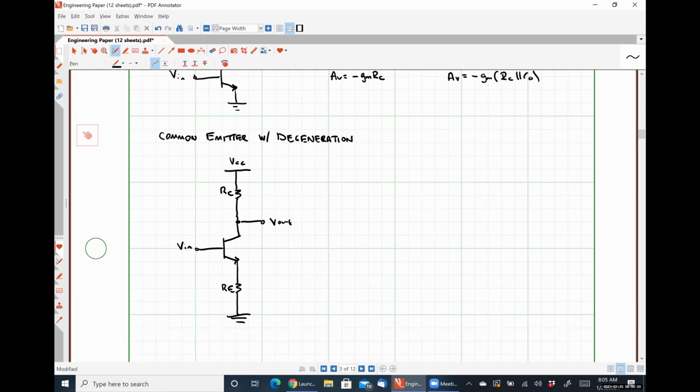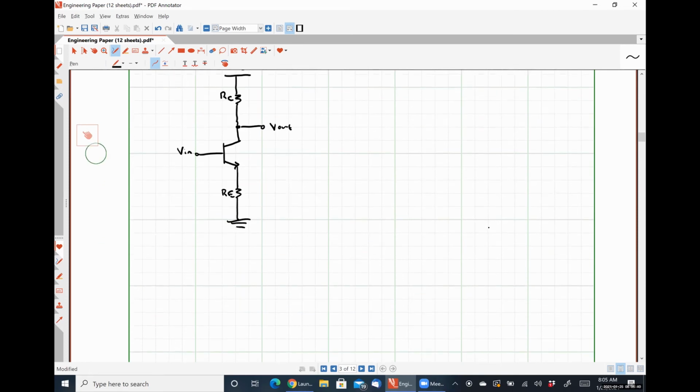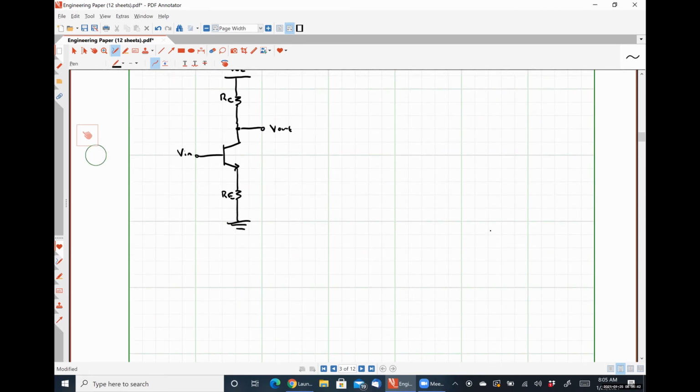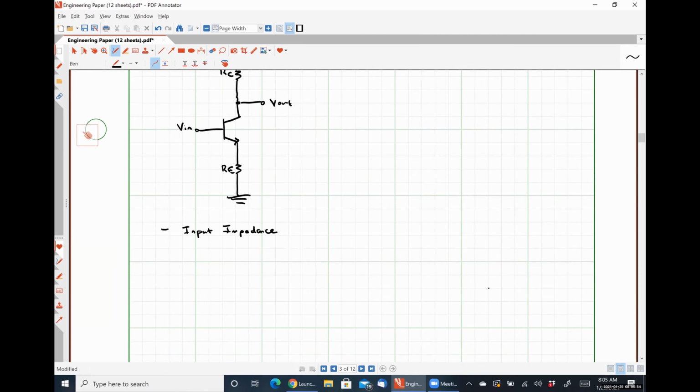So the first thing that we're going to take a look at is determining all three of the amplifier parameters, the input impedance, the output impedance, and the voltage gain, and see what effects this emitter degeneration has on the behavior of the circuit as an amplifier. So if we're looking at our input impedance, we need to look at our small signal model.